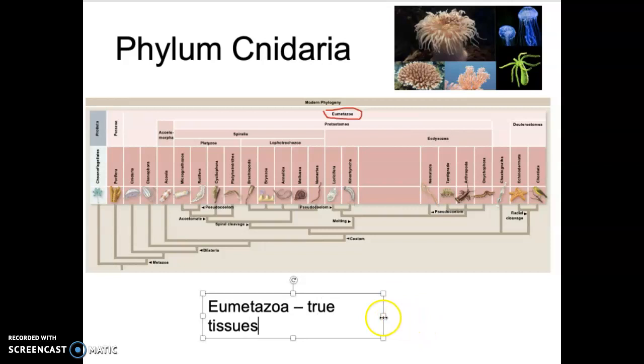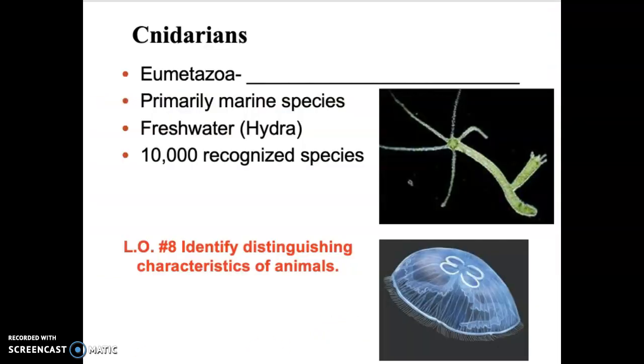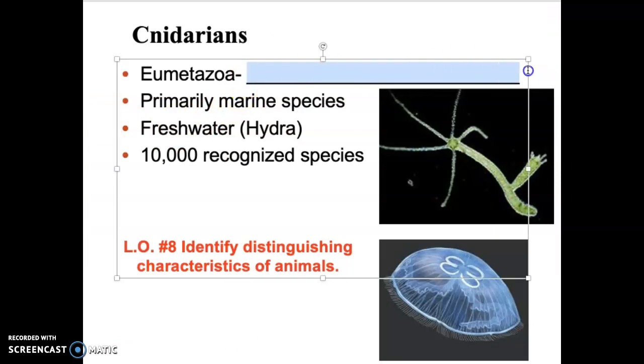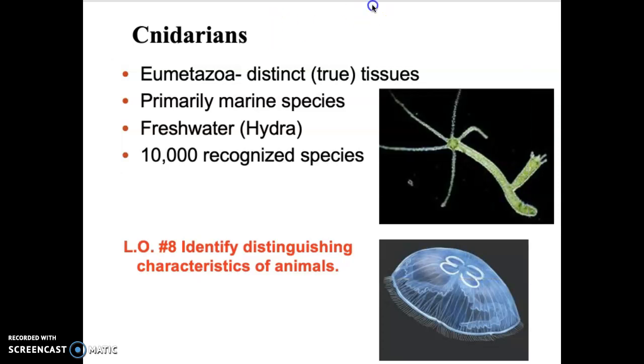So all the animals we continue to talk about from now on go under Eumetazoa, and they have true tissues. So even though these Cnidarians are, for the most part, considered pretty simple animals, they do have distinct or true tissues in their body.